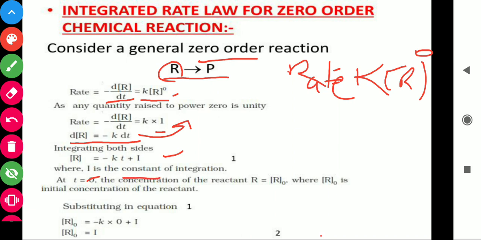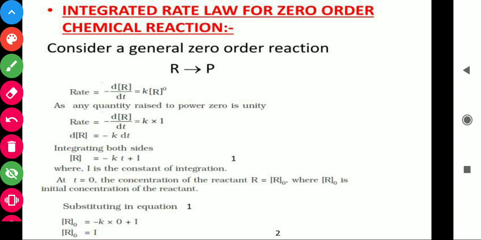Let's now evaluate the value of I. At t is equal to 0, meaning we go right to the beginning, then the reactant concentration will be R naught. R naught means initial concentration.